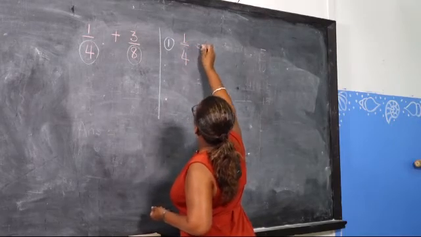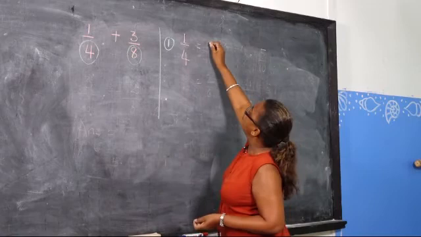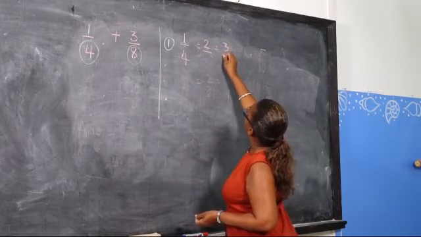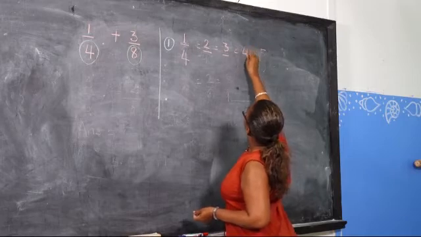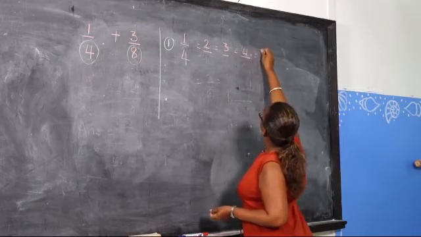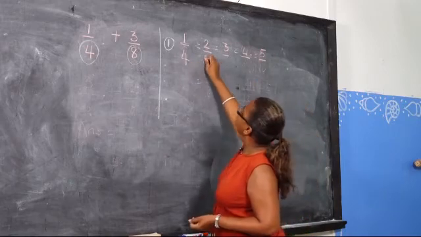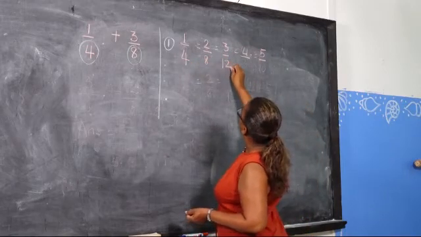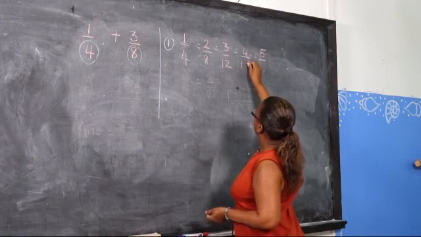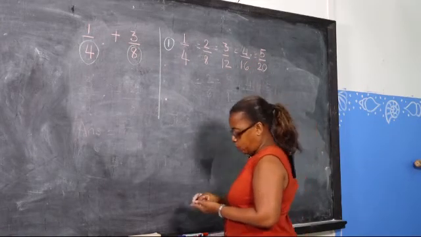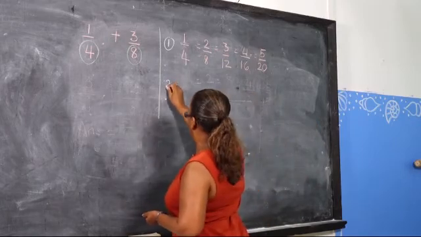So equivalent fraction, the multiples, 2, 3, 4, and 5. Okay? 4, 8, 12, 16, 20. Next one, let us move.